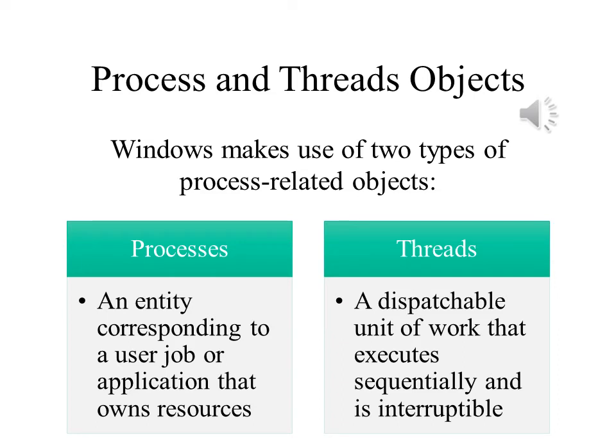A process is an entity corresponding to a user job or application that owns resources, such as memory and open files. A thread is a dispatchable unit of work that executes sequentially and is interruptible, so that the process can turn to another thread.